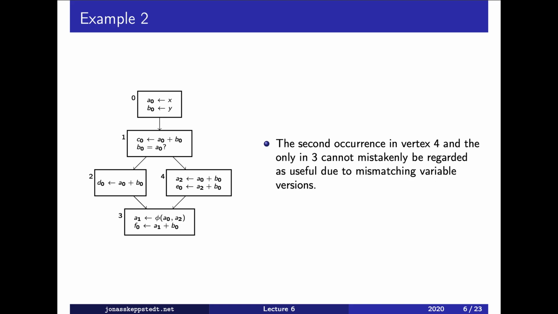Okay, so here we have the expression again, and here it is clear that we can reuse it. Here we can reuse the expression, but not here, since we haven't computed it, since A has got a new value, and the same for this one.